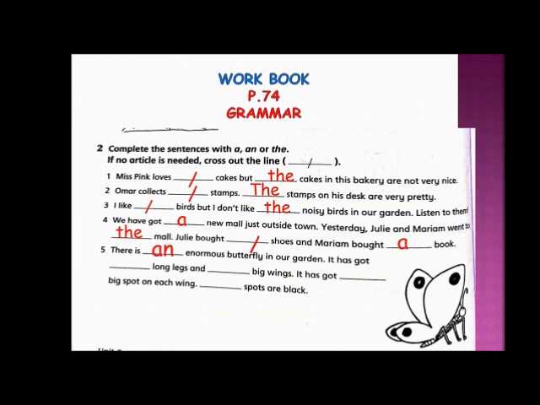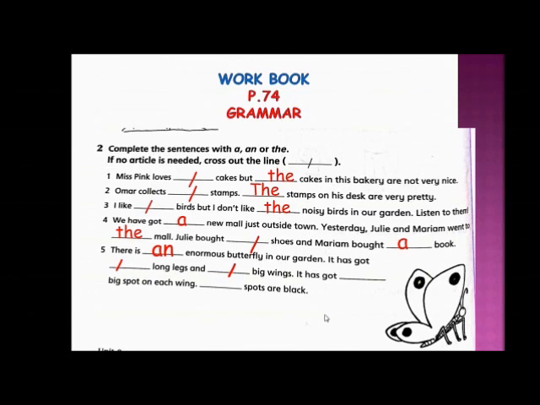It has got long legs, a plural noun without article, and big wings. Spot here is a singular noun, so use a: a big spot on each wing.